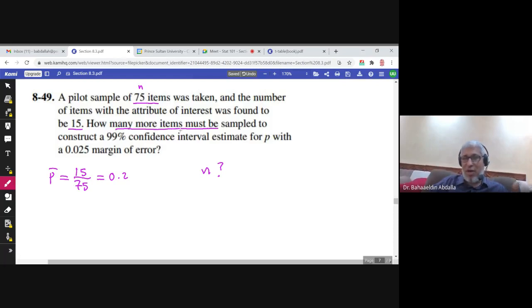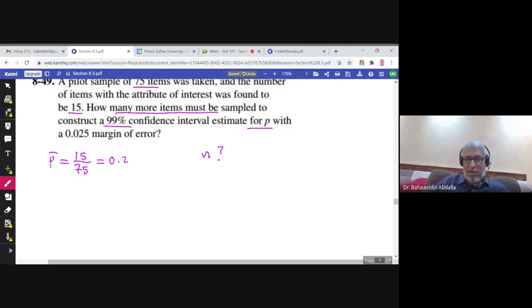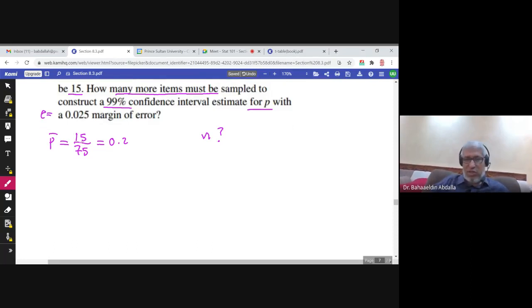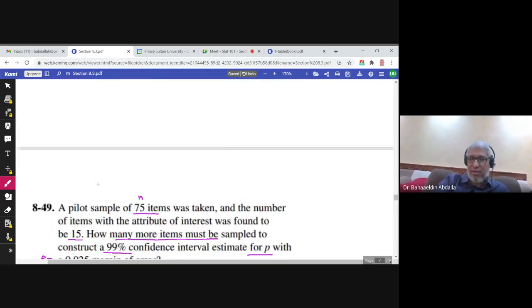How many more items must be sampled to construct a 99% confidence interval estimate for P with margin of error equal to 0.025. So what is the formula? N, the sample size, we need the sample size, equals Z squared times P times 1 minus P over E squared. Okay, that's the formula.